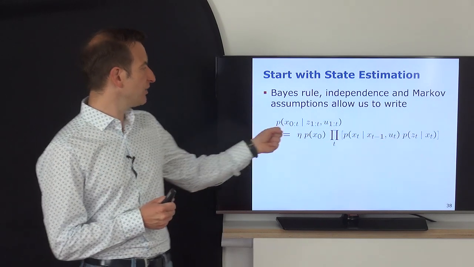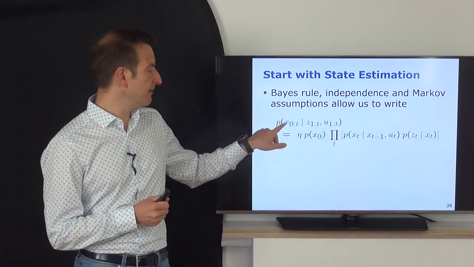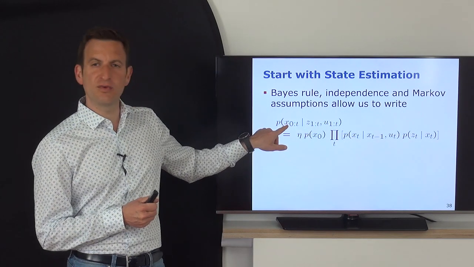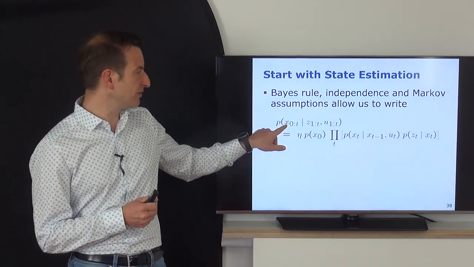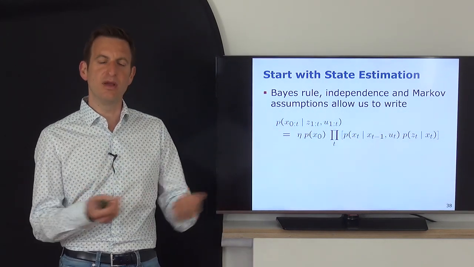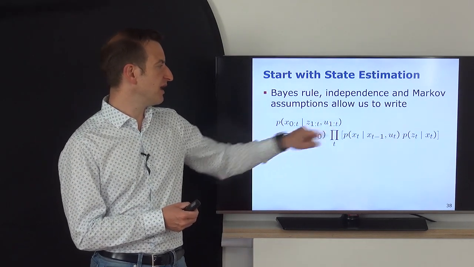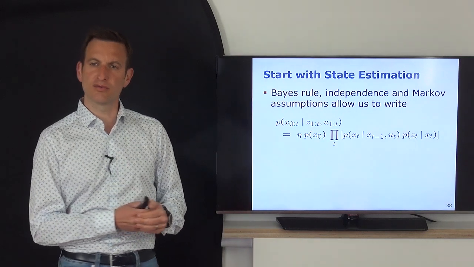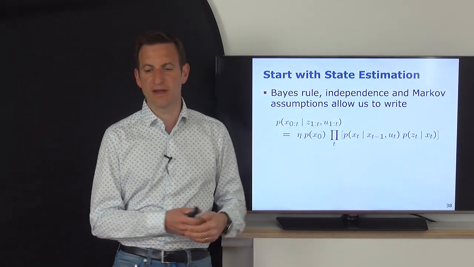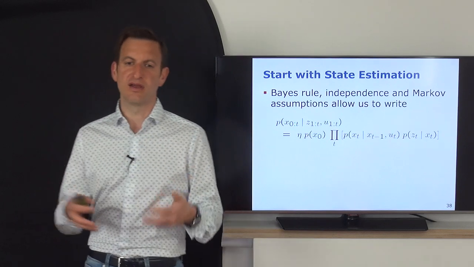So we start out with saying, okay, we have a probability distribution about my vector x, and typically we have a time series here. We have a set of observations and controls, control commands, although those control commands can be very easily interpreted also as an observation.